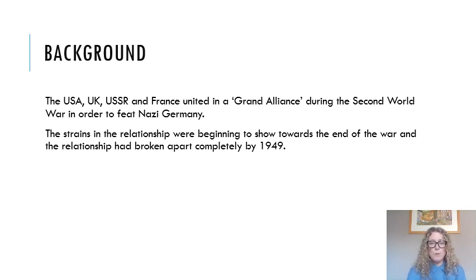And we've got Germany split into 2 separate states by the end of 1949 into the Federal Republic of Germany, which is West Germany, and the German Democratic Republic, East Germany. And of course, also by 1949, we have got the establishment of NATO, the North Atlantic Treaty Organisation. That is a defensive treaty between Western European countries and significantly America, the USA.